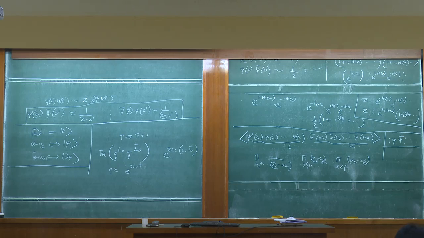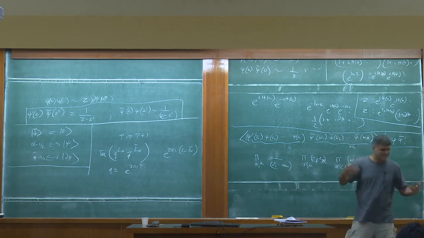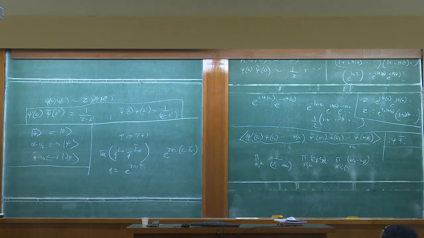Okay. Moreover, what can we say about the behavior of this function at infinity? At infinity, we're just scaling, so the total weight in z's, in 1 over z's, has to be 2m times half, because we've got 2m operators, each of dimension half, inserted.